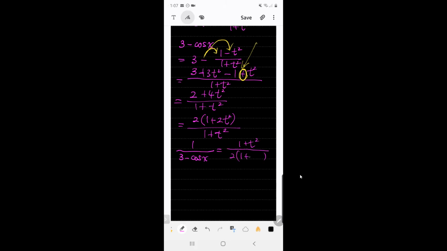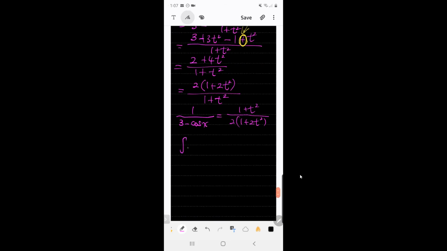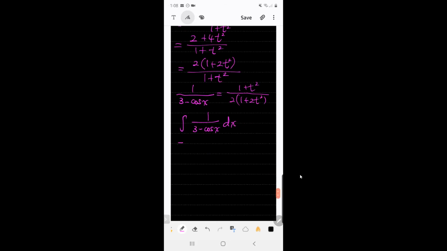So you have 1 plus 2t squared. Okay? So therefore, the integral of 1 over 3 minus cos x dx, you can use the expression that you have simplified, which is the integral of 2 over bracket 1 plus 2t squared, this is 1 plus t squared.